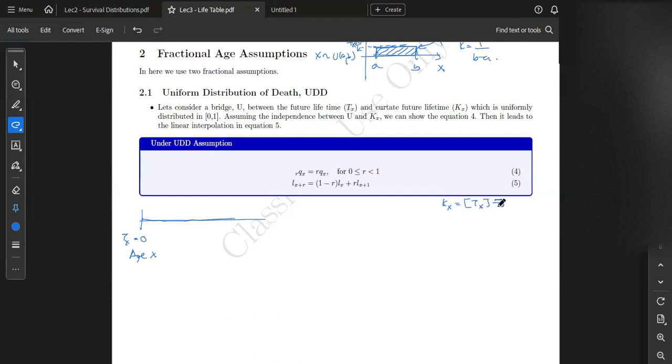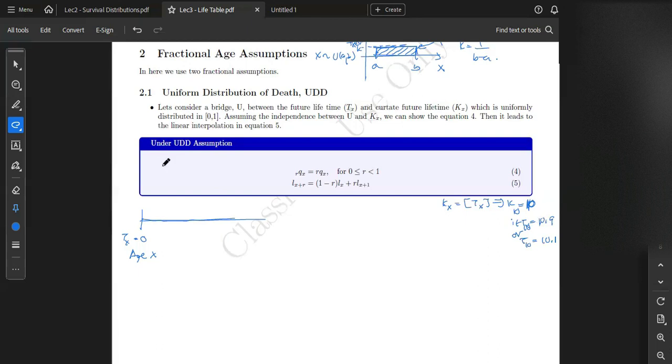So K10 is equal to 10 if T10 was 10.9, and if T10 was 10.1, K10 was still 10. We only extracted the integer part. That means for the next year of time interval, K10 is at a constant level.